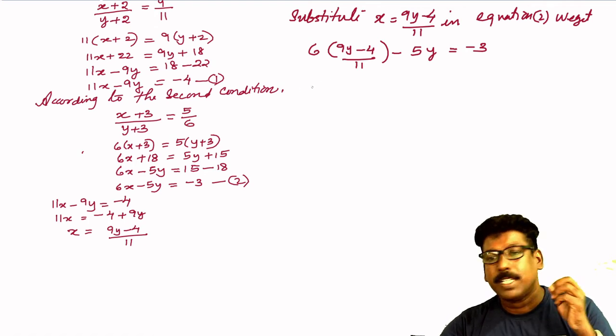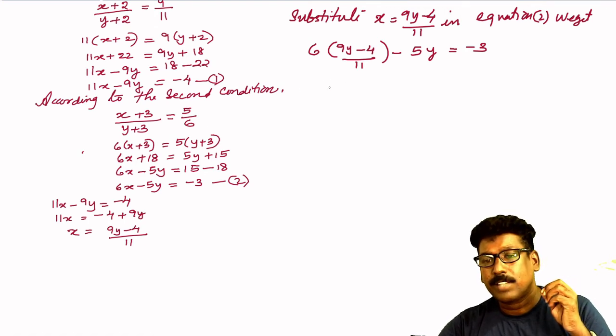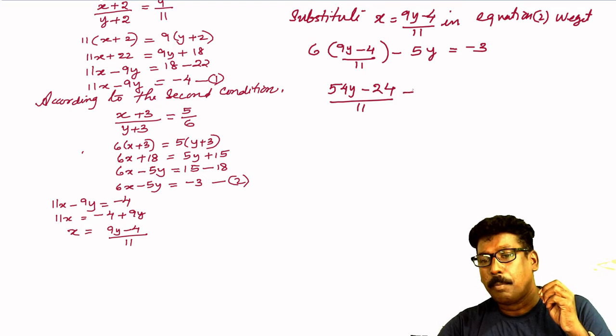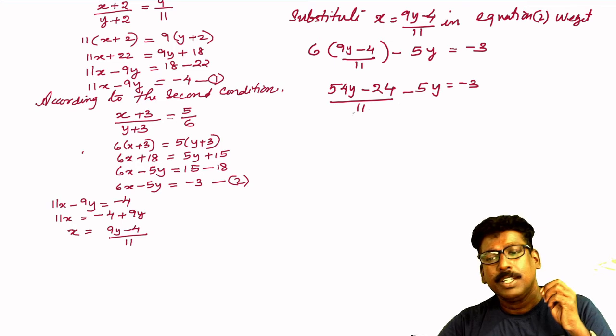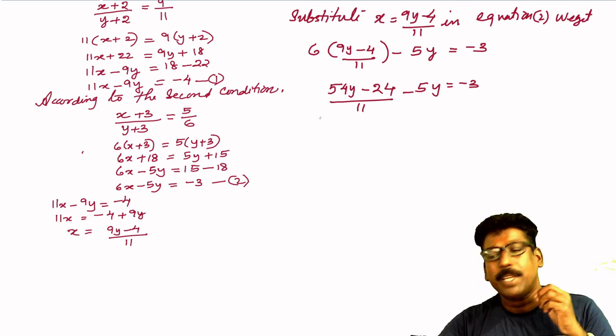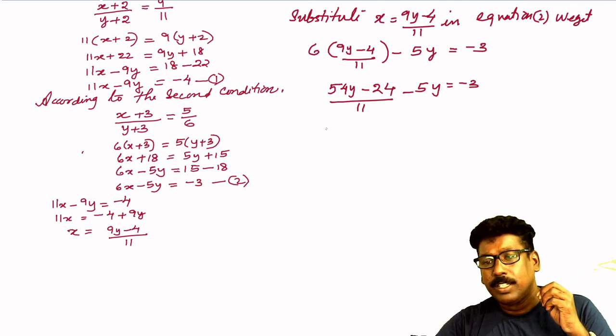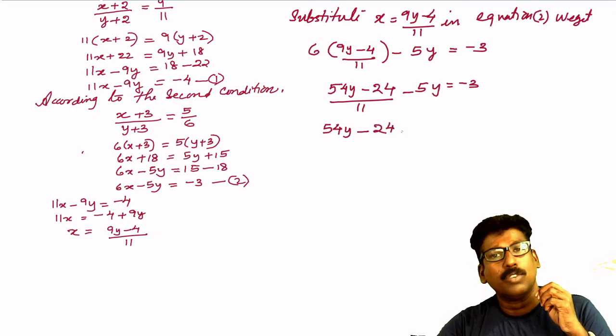Now multiply by 6, you get 6 nines 54y minus 24 by 11 minus 5y is equal to negative 3. Now multiply by 11 throughout. What did you get? Here 11 cancels. So 54y minus 24 will be.